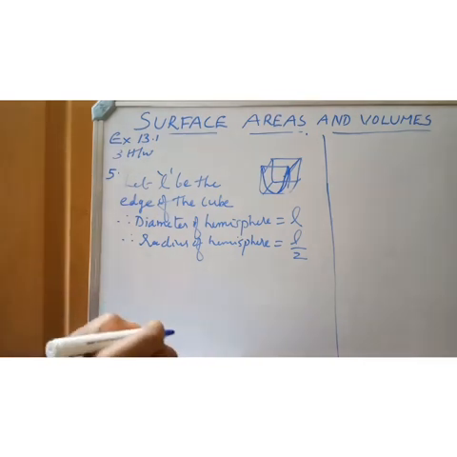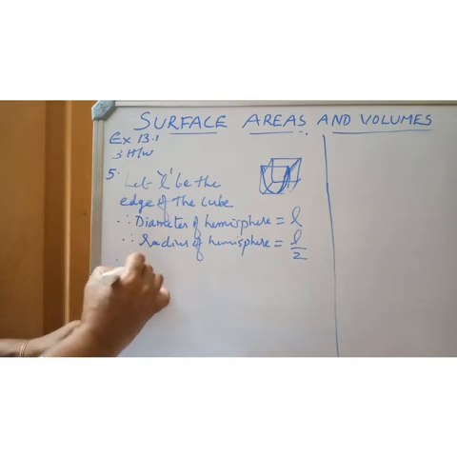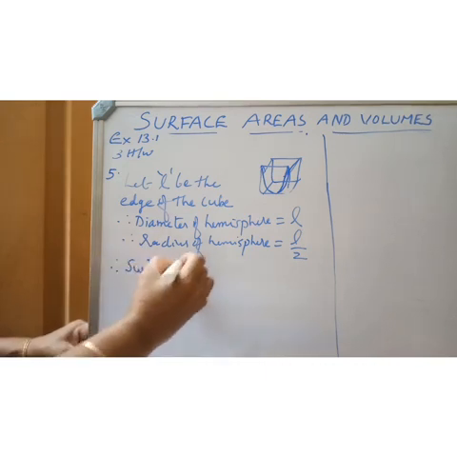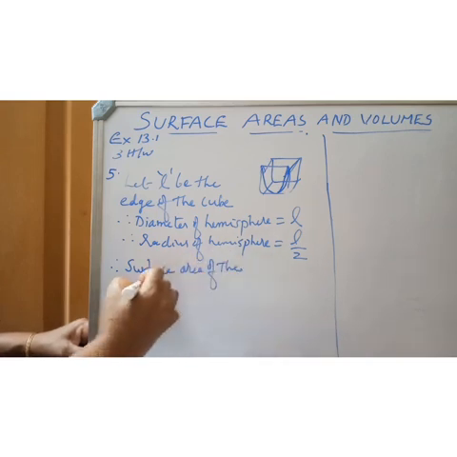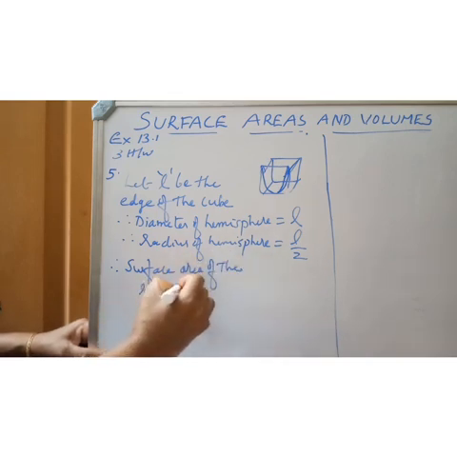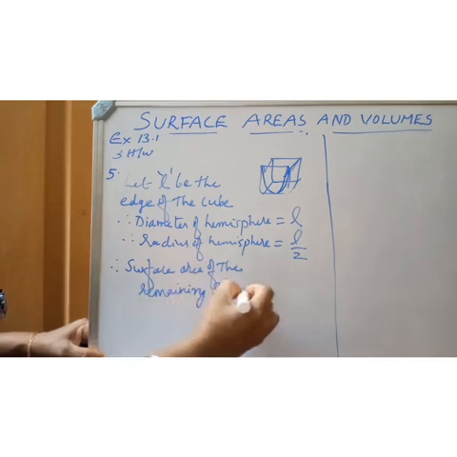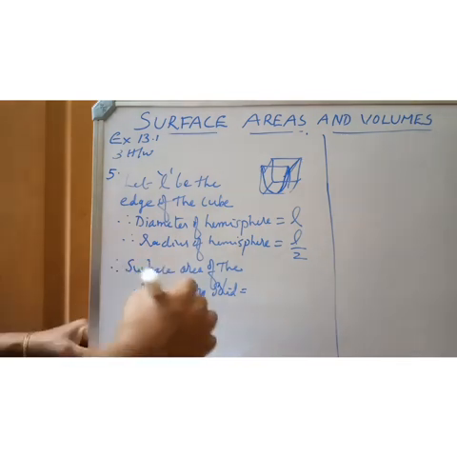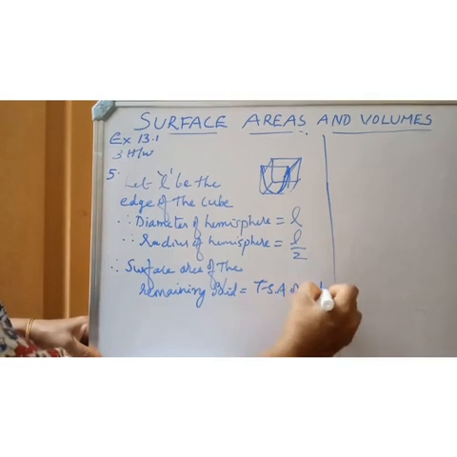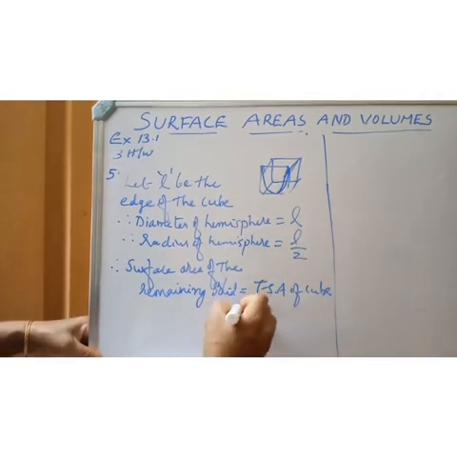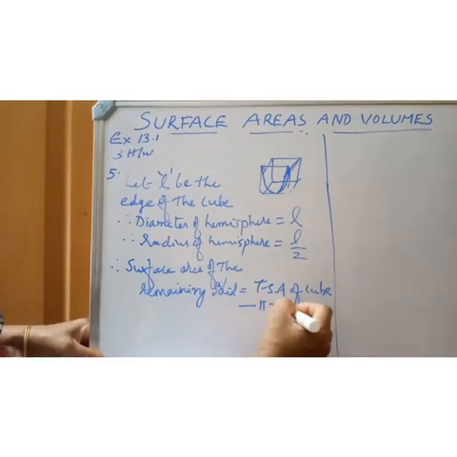Then we must find out the surface area of the remaining solid. Therefore, surface area of the remaining solid equal to TSA of cube minus pi r square, the base area of the hemisphere, plus CSA of hemisphere.